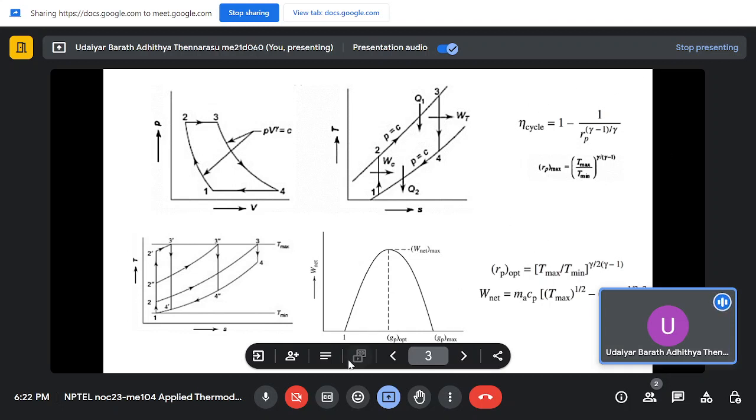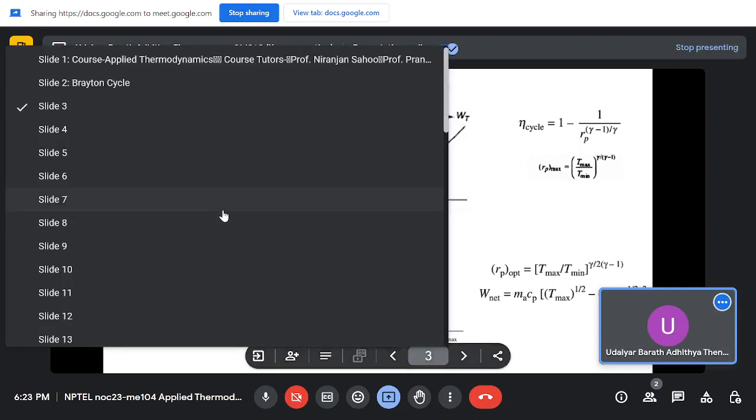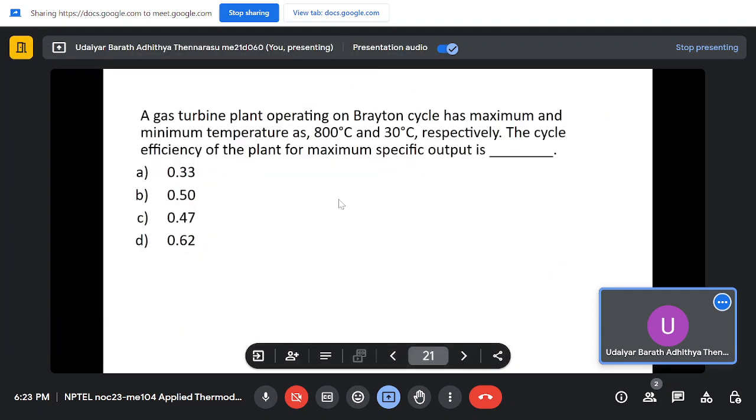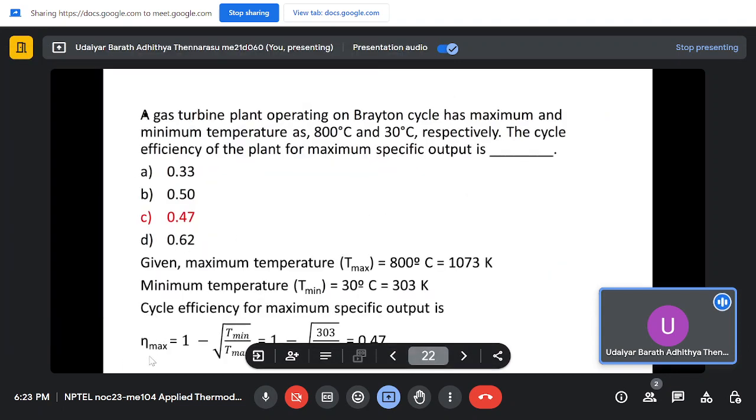So we just have to substitute that, and on substituting we get efficiency as 1 minus root of T min by T max.